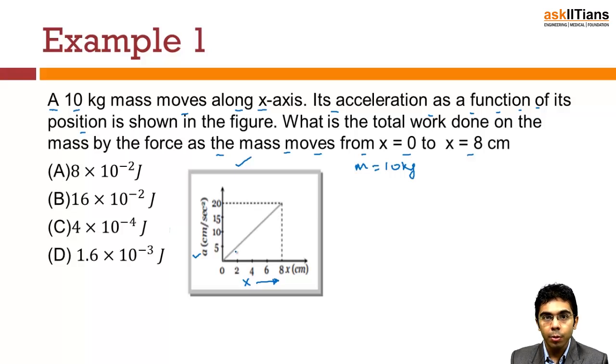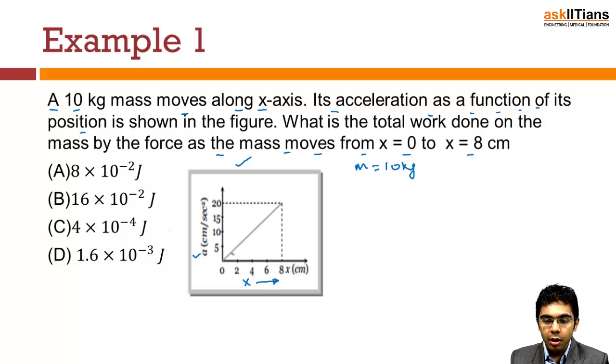We know that the work done is equal to the area under the force displacement graph. But since an acceleration displacement graph is given to us, if we find the area under the acceleration displacement curve and multiply it with the mass, we'll get the work done by that force, because force is equal to ma.